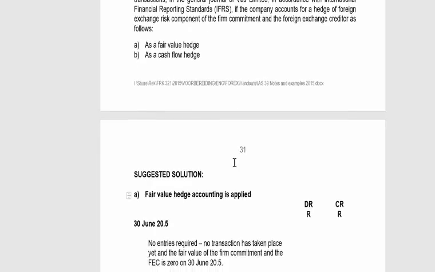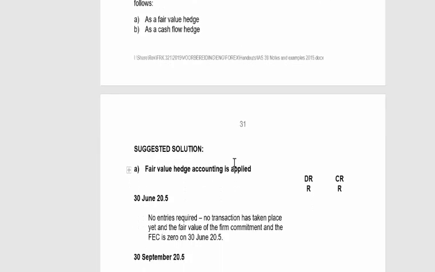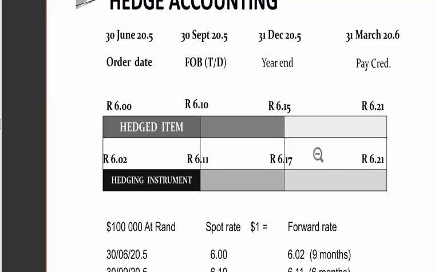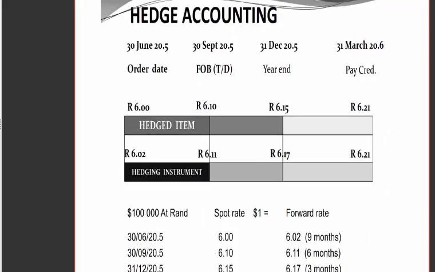But then on 30 September, which is your first reporting date, which is your transaction date, there is now this. Let's first look at the FEC. We're valuing the FEC, and how do you remember how we valued the FEC? If we look at the timeline, remember that the FEC, we look at the forward rates firstly.